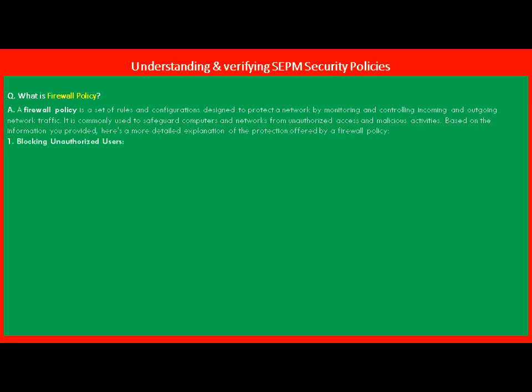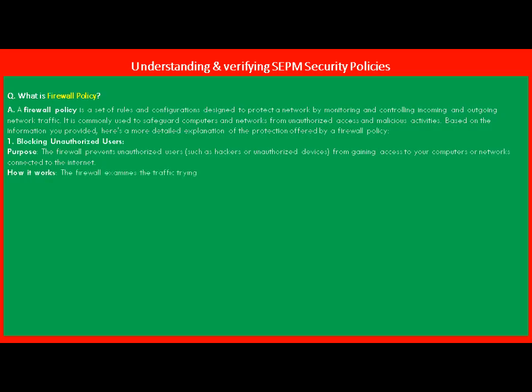So first is, what is the firewall actually doing? It is blocking unauthorized users. Purpose: the firewall prevents unauthorized users such as hackers or unauthorized devices from gaining access to your computers or networks connected to the internet. How it works?